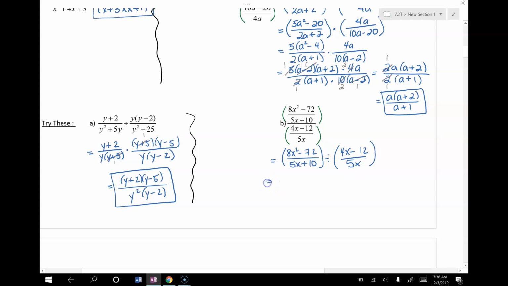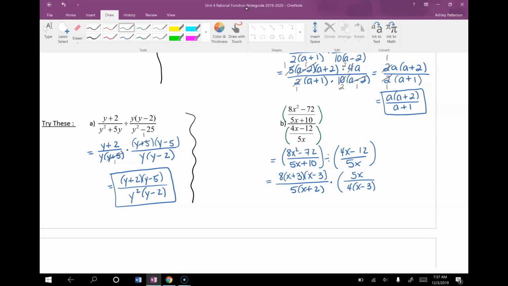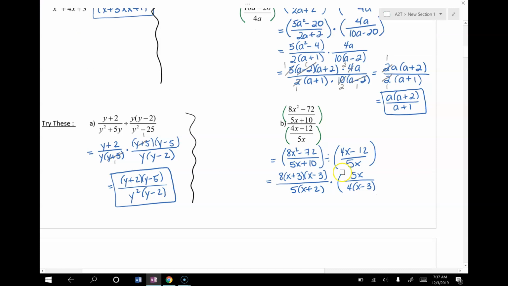I'm going to factor out an 8, and that leaves me with x squared minus 9, so x plus 3, x minus 3, all over 5 is the GCF, x plus 2, change to multiplication, almost there, and 5x in the numerator, factor out the 4, x minus 3. I don't need that extra parenthesis. Sorry guys, don't really know why I did that.